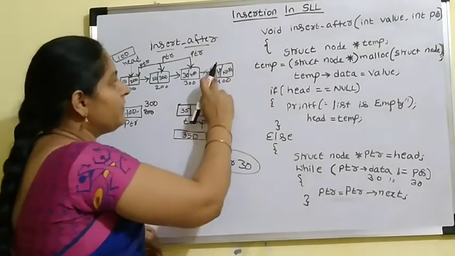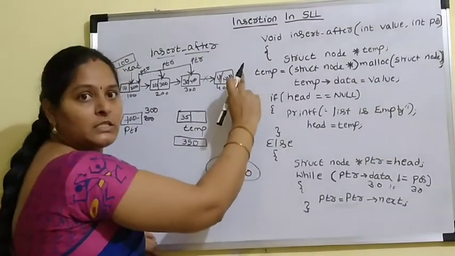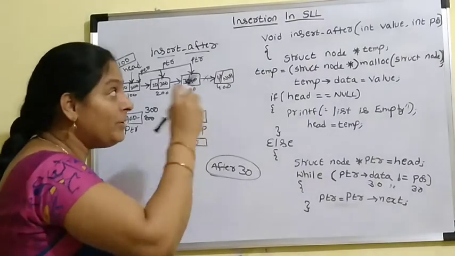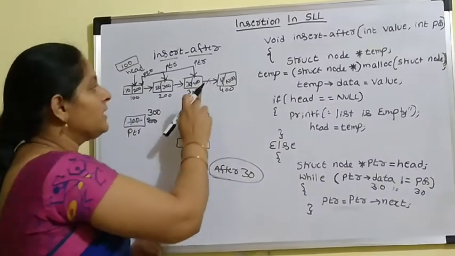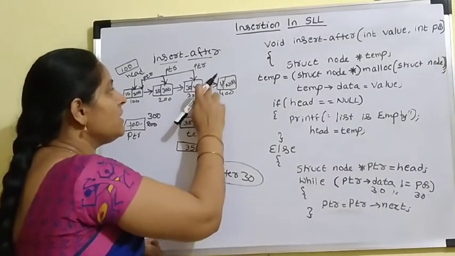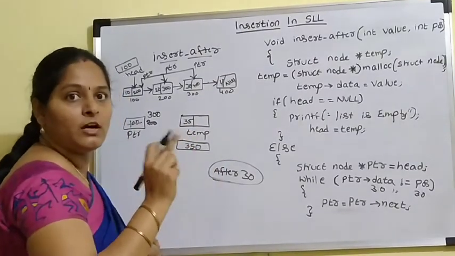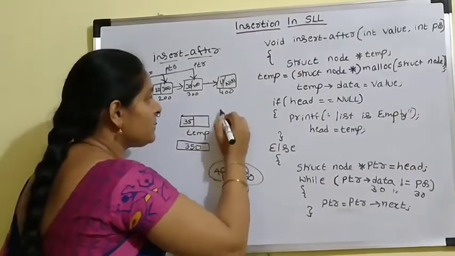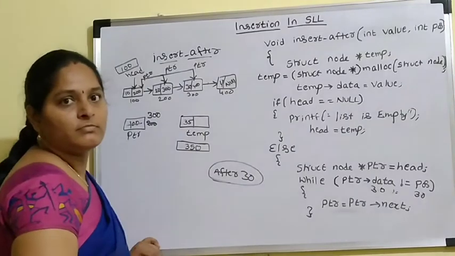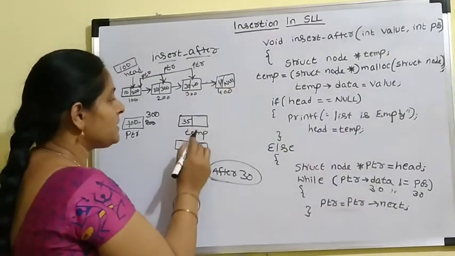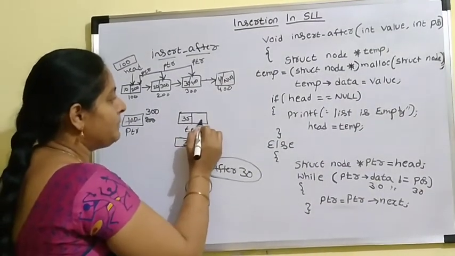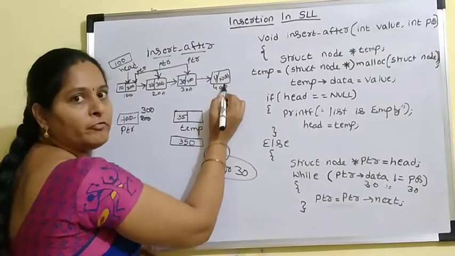Okay, so if this node is separated from the list, then it will be very difficult to pick up that node. Okay, that is the reason why what we need to do is, first always we need to establish the right connection first. Okay, so right connection means in temp next store the address of 400.